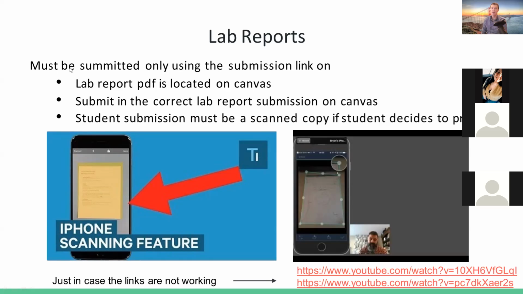So make sure you're in the right section. And if you decide to print it and handwrite your labs, you need to download an iPhone scanning feature or some sort of scanning app, and that way you can scan it and send a PDF.